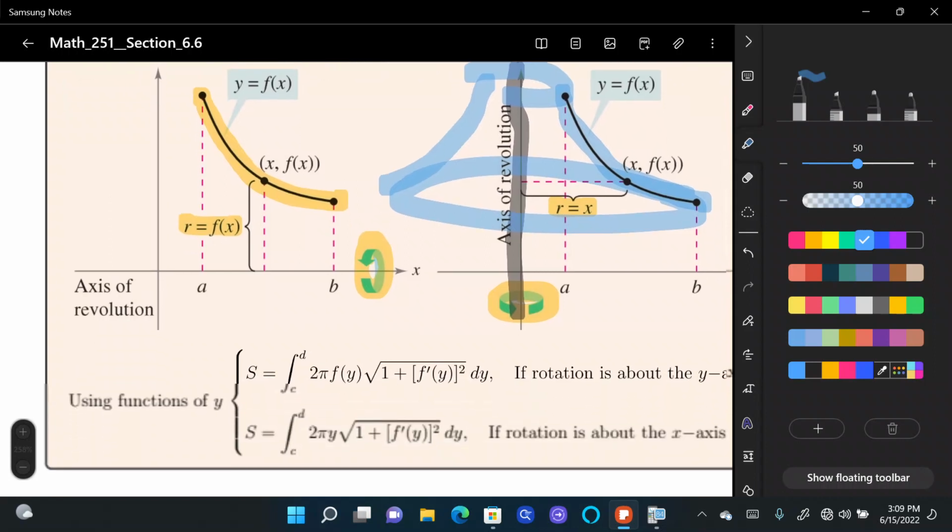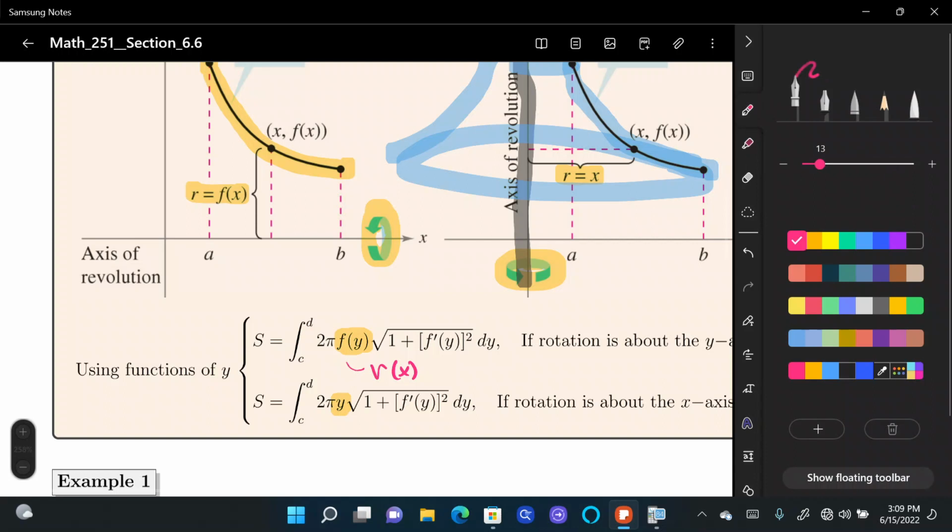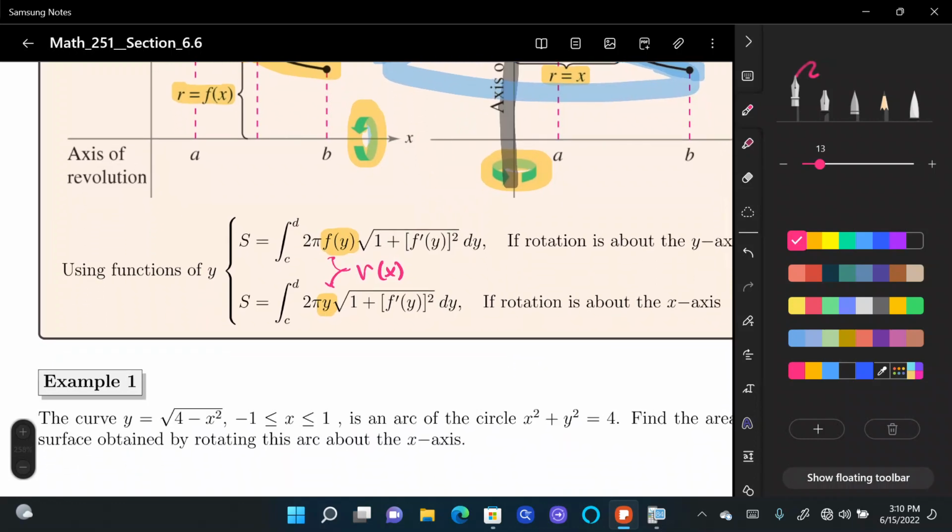Of course, for using functions of y, we'll have a very similar idea, where our r will be f of y or y, depending on how the rotation goes. This is a lot of symbols and a lot of images. It looks like a lot of information for now, but it will make more sense when we do the example.